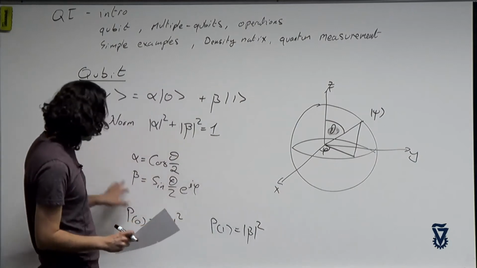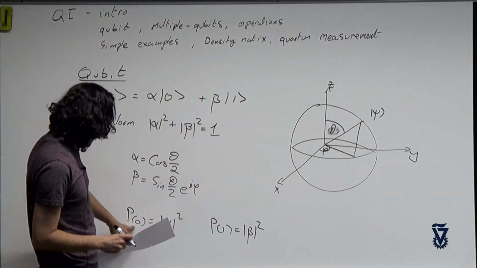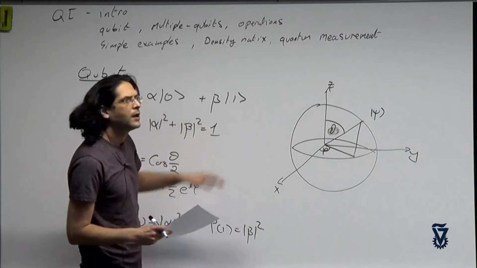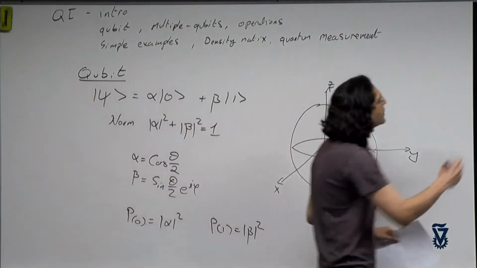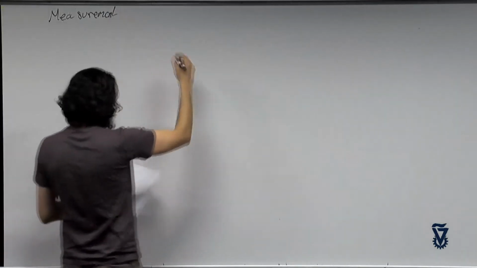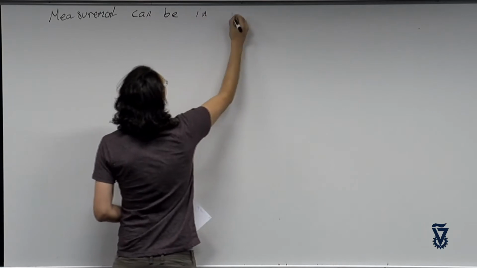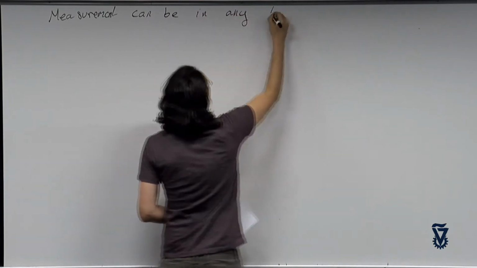So here I said, okay, you measure this, you do a projection, really, right? And you get a 0 or a 1. But you can also measure in any basis. Okay, so measurement can be in any basis.